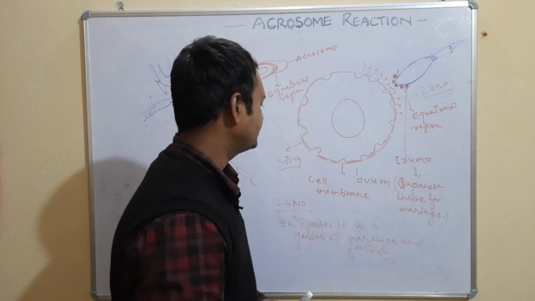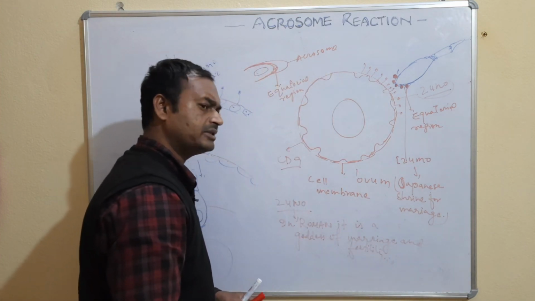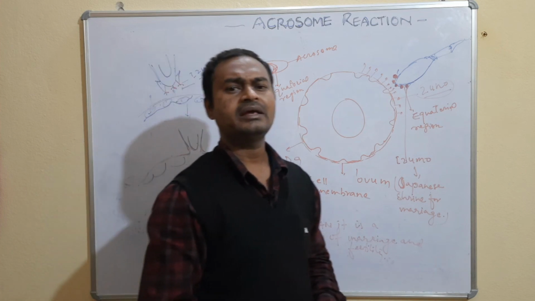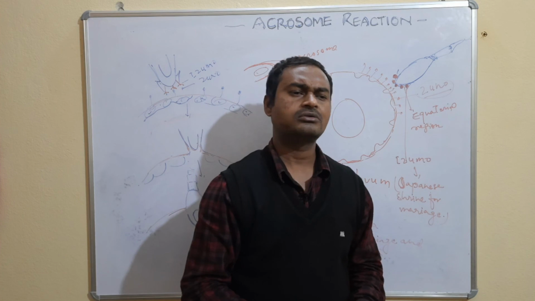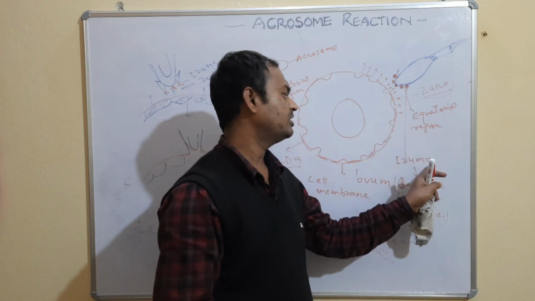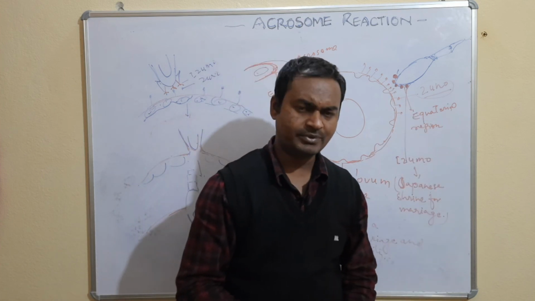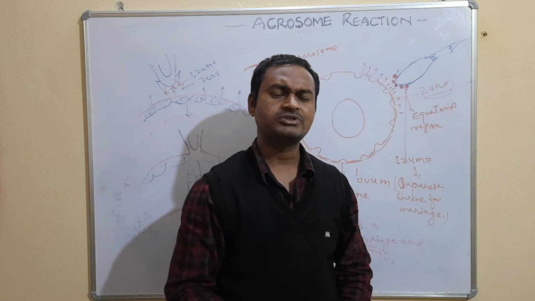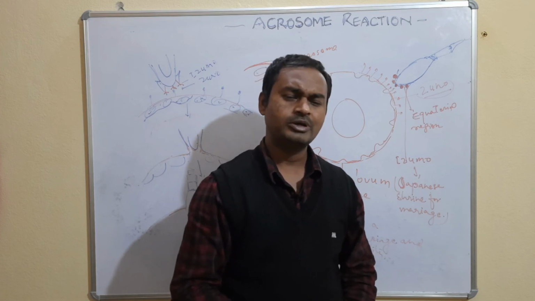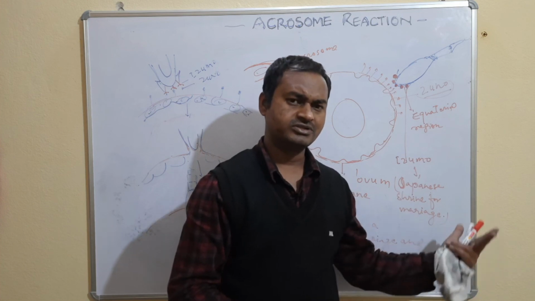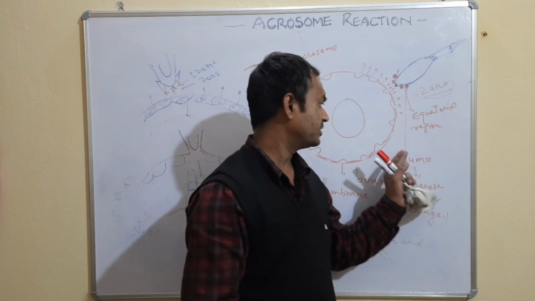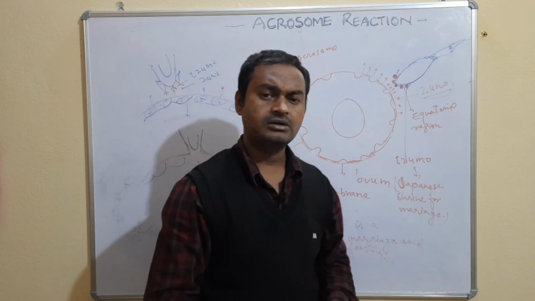And there is another question: if there is an absence of Juno or Izumo, then what will happen? There is a case study. Suppose there is no Juno or Izumo protein on the surface of the egg or the sperm.